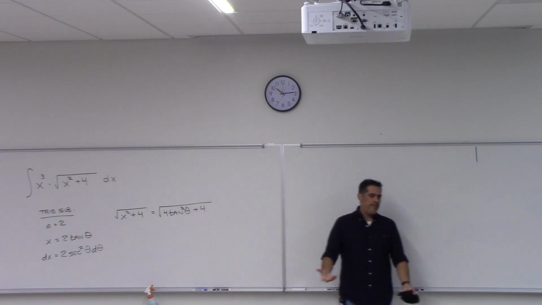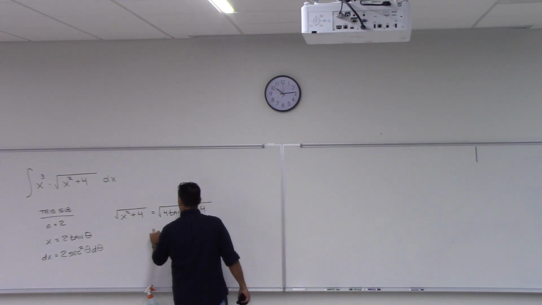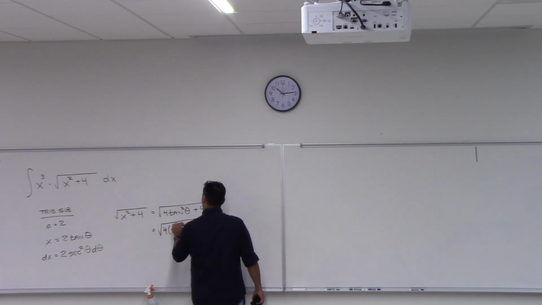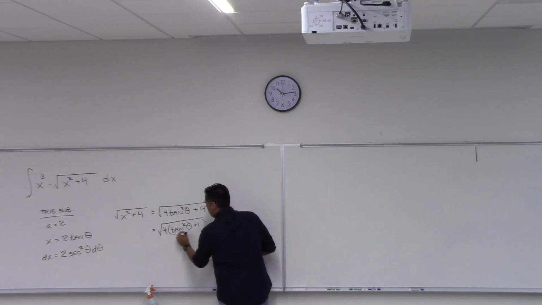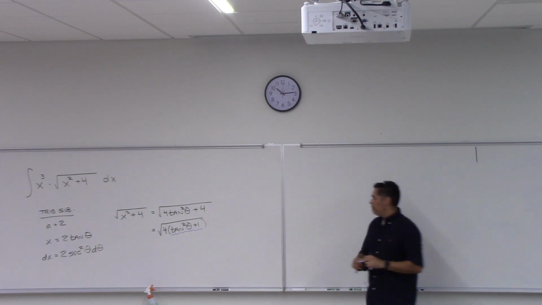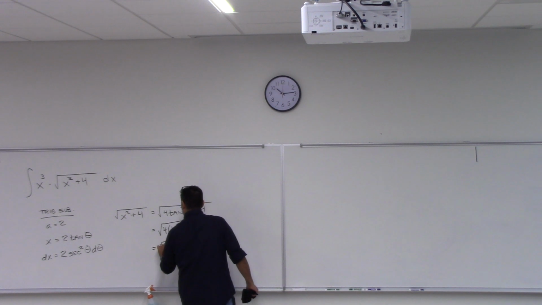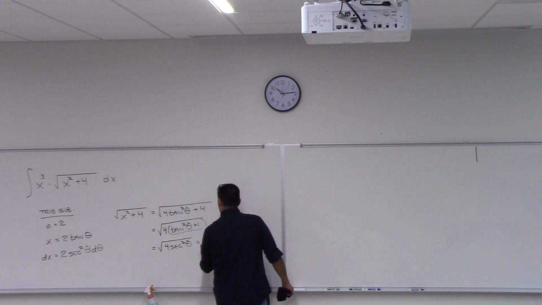We should be able to factor out a 4 from each of those. That becomes 4 times tangent squared theta plus 1, and that part is a trig identity. That's secant squared theta. So this is the square root of 4 secant squared theta, which is just 2 secant theta.